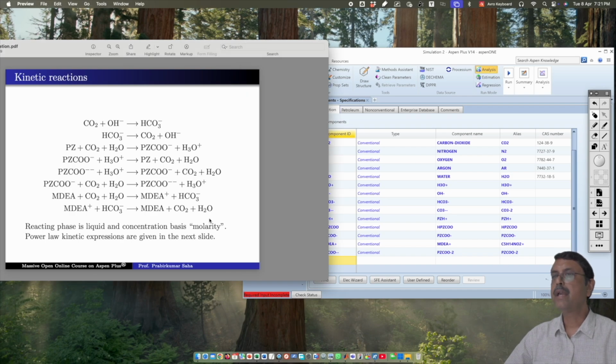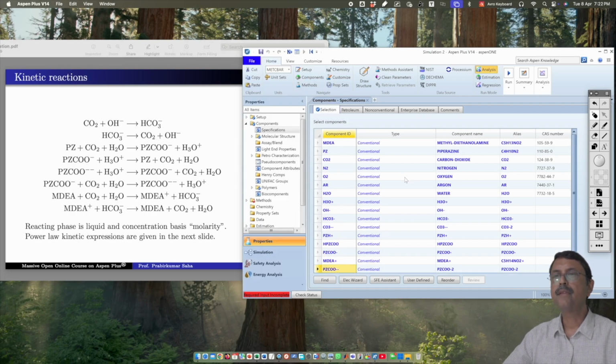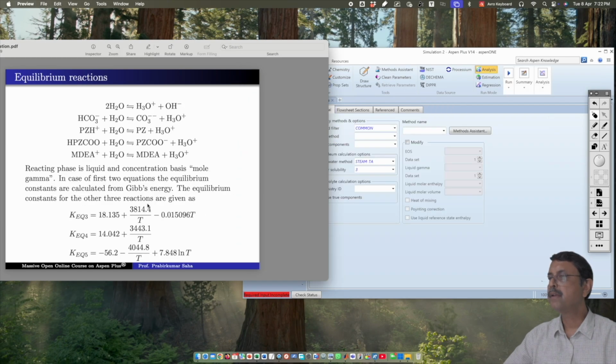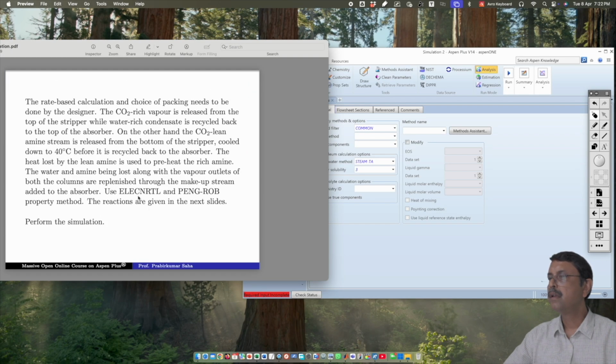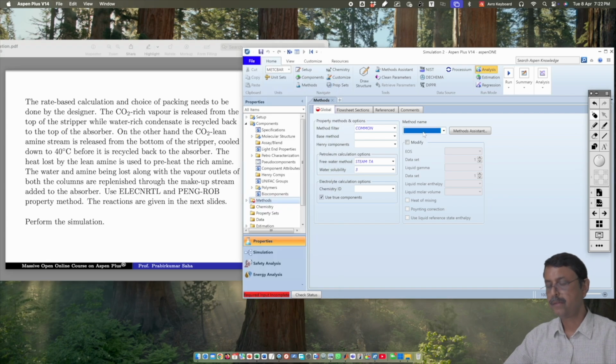Yeah, I think we have taken all of them. There are 16 components. Okay. Now we have to choose the methods, and the methods are Elec-NRTL and Peng-Robinson. So let us choose the Peng-Robinson and Elec-NRTL also.